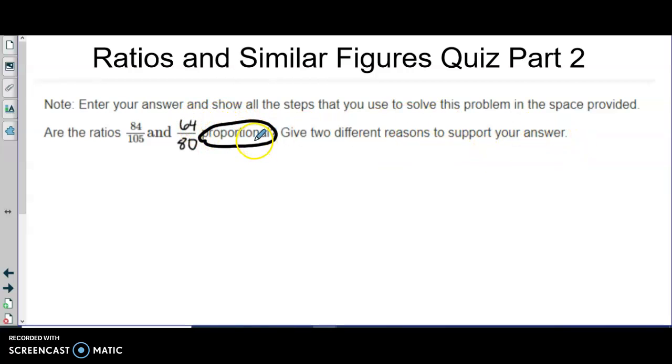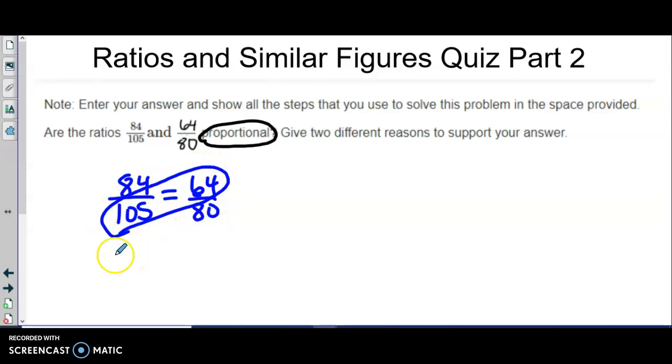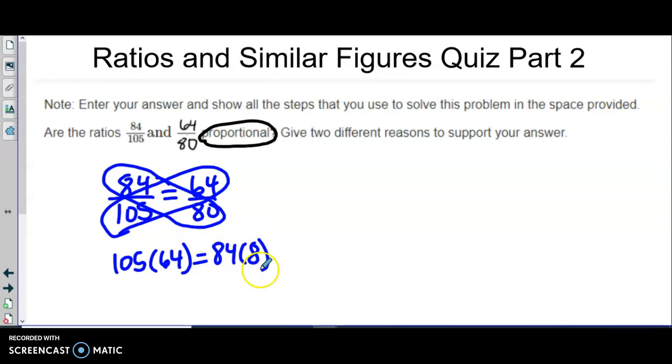Okay, the word proportional means that when you cross multiply, they'll equal the same thing. Or you could think of them as equivalent fractions. So the first way I'm going to do it is I am going to cross multiply. I'm going to put an equal sign in the middle, and I'm going to cross multiply. So I'm going to do 105 times 64, and I'm going to see if that equals 84 times 80. Oops, that's an 80, not an 8.